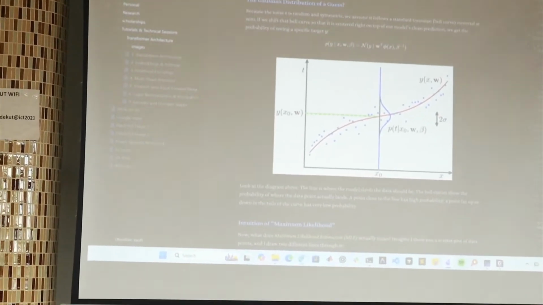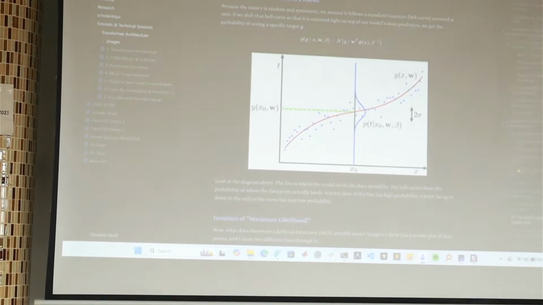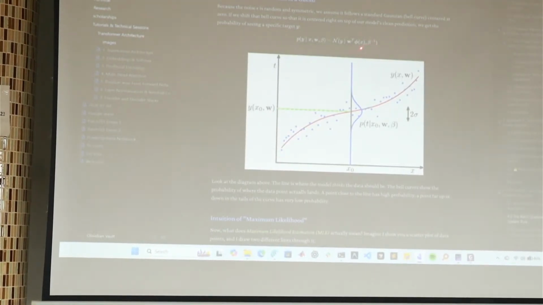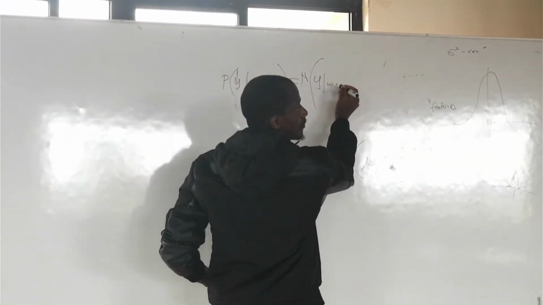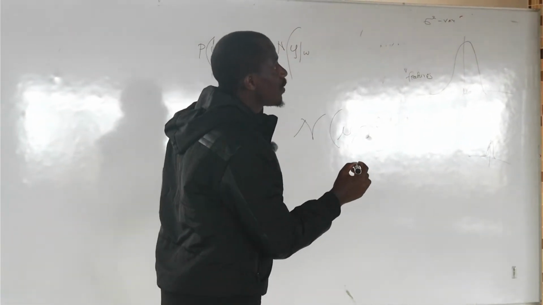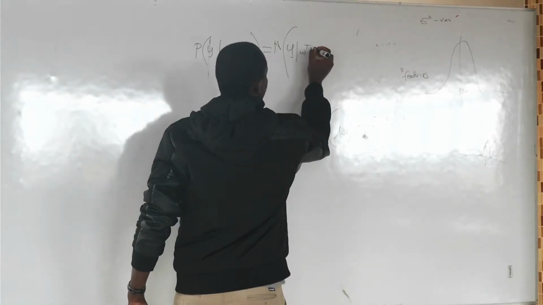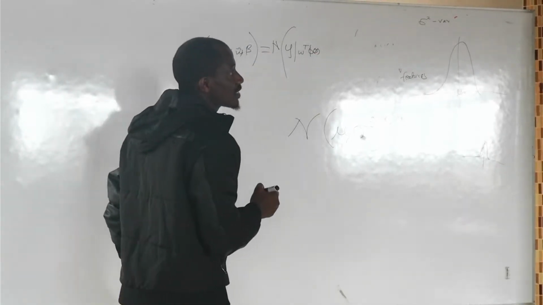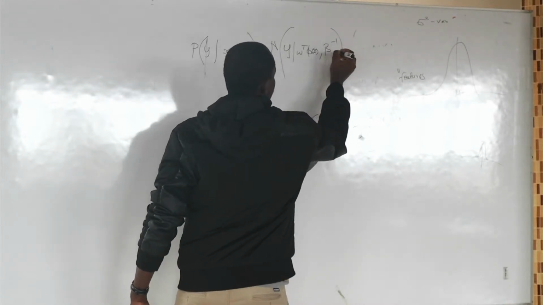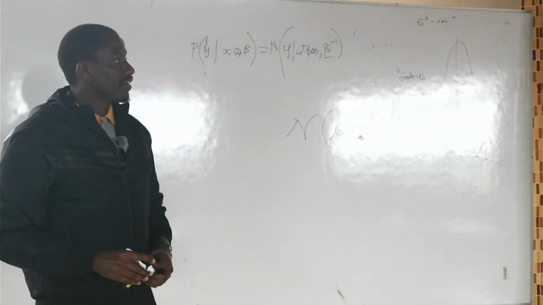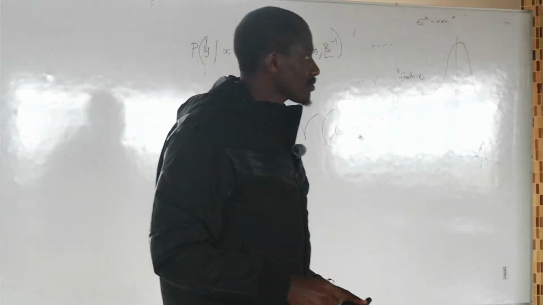It is the mean of possible values that point can actually take. And the variance is beta inverse. So the point is y given w transpose phi of x, and the variance is beta inverse. The beta is the value that we were referring to as precision.